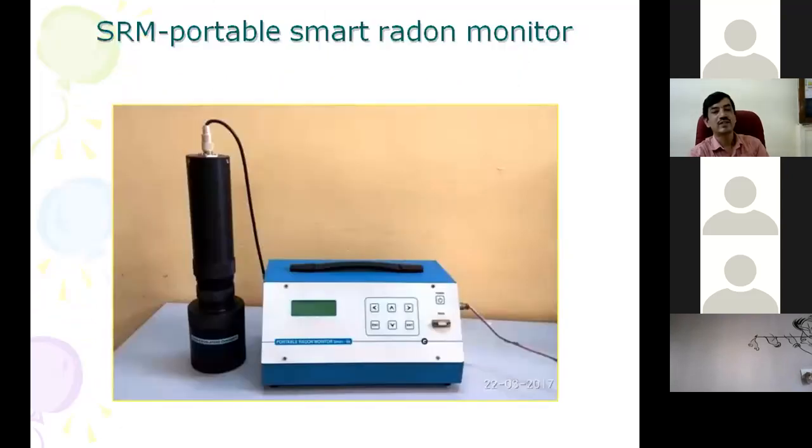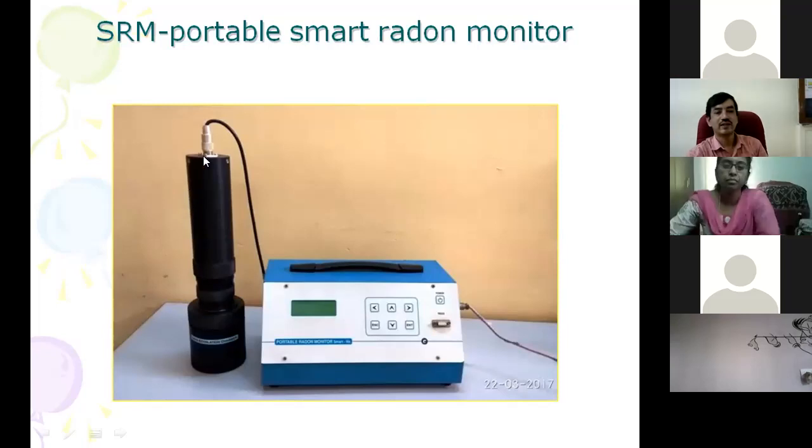All these measurements can also be done using another device called the smart radon monitor. I showed an exhalation chamber. A similar thing can be connected to this chamber. This equipment is also developed by Bhabha Atomic Research Centre, and this is exactly similar to all my previous equipment. The principle remains the same, but it's a sophisticated device, and our tedious processes have been totally reduced.